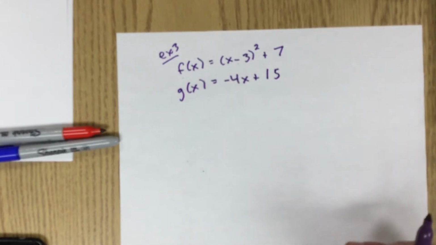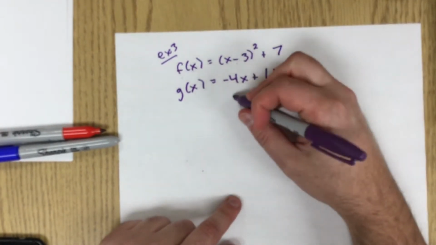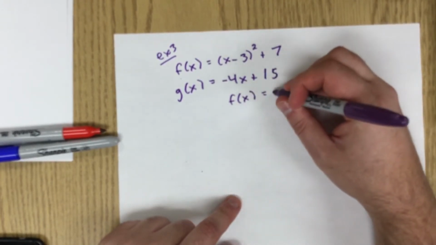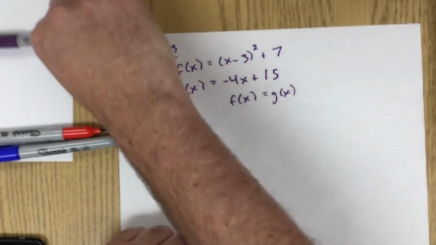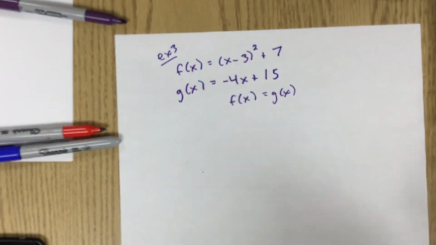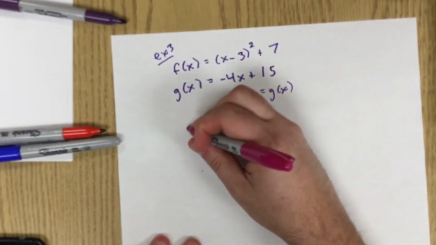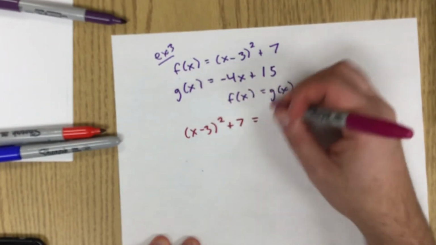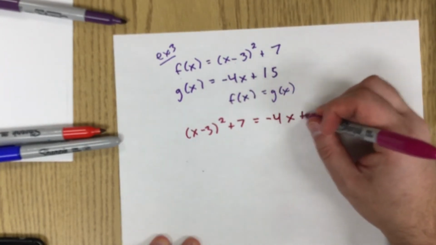And it's still a quadratic, nothing too special there. So we want to know when f of x is equal to g of x. So what have we got? f of x is x minus 3 squared plus 7 equals negative 4x plus 15.